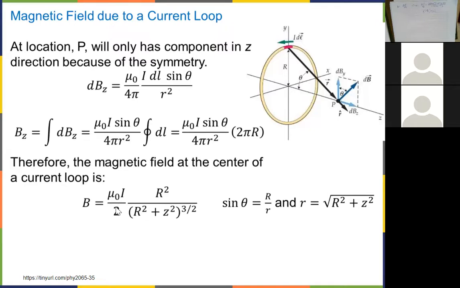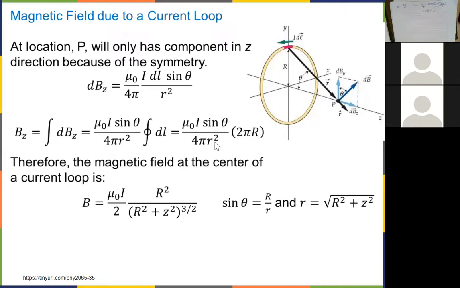Now the sine theta is this theta here, so capital R over small r. Small r is the square root of R squared plus z squared, so sine theta is R divided by the square root of it.